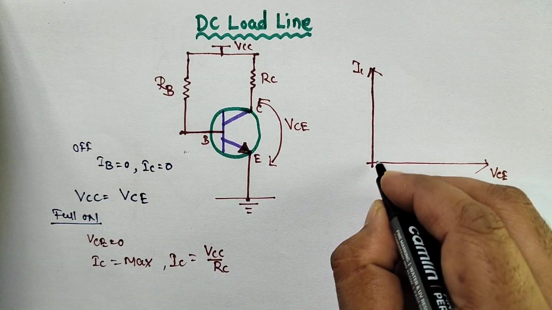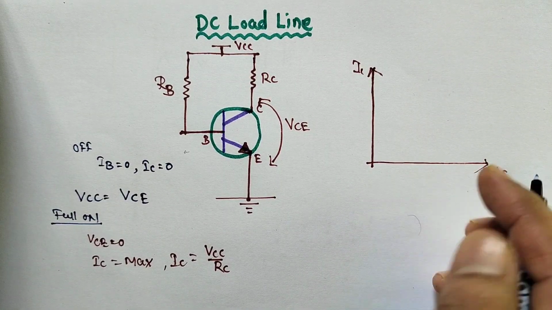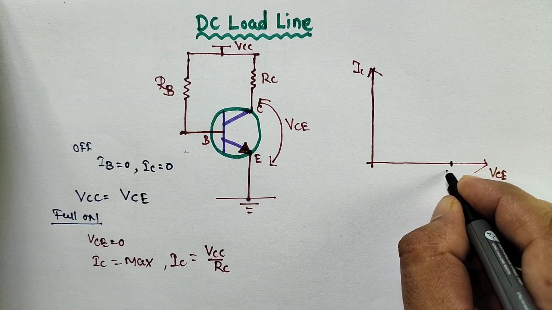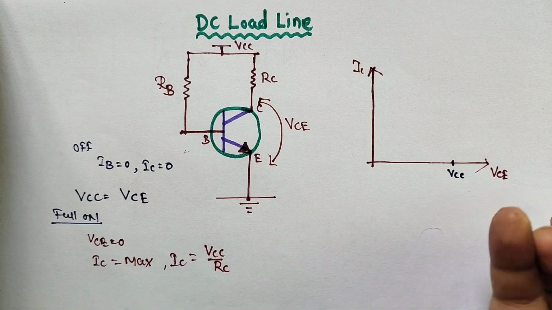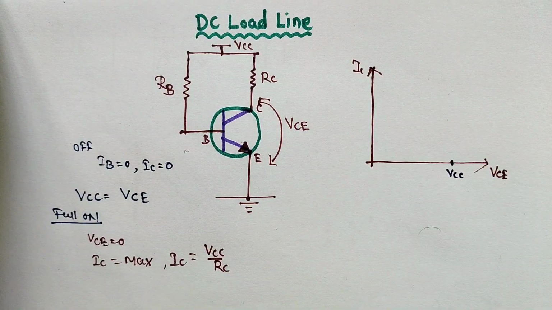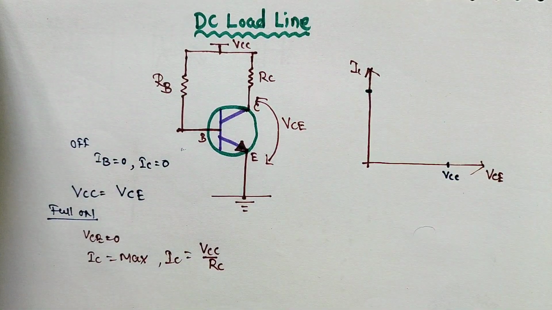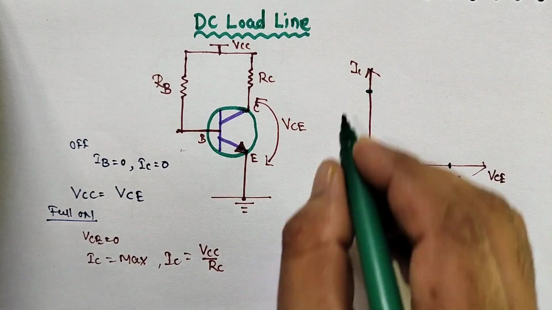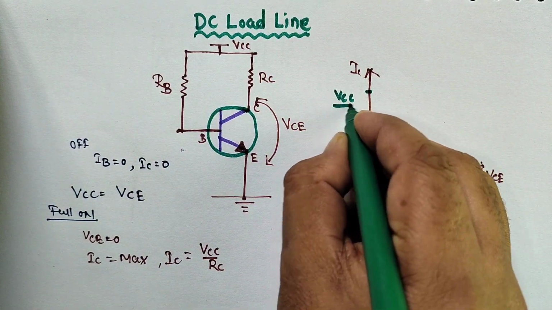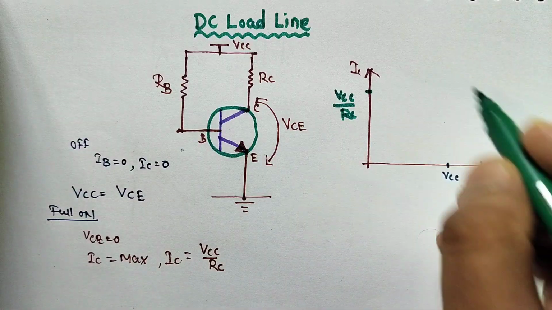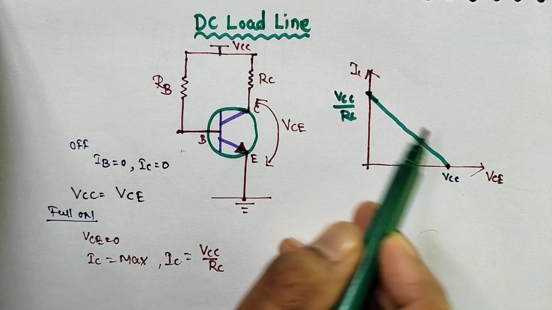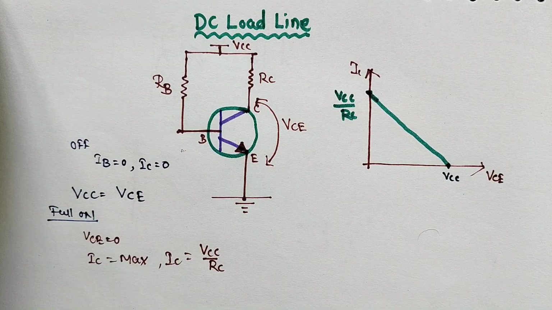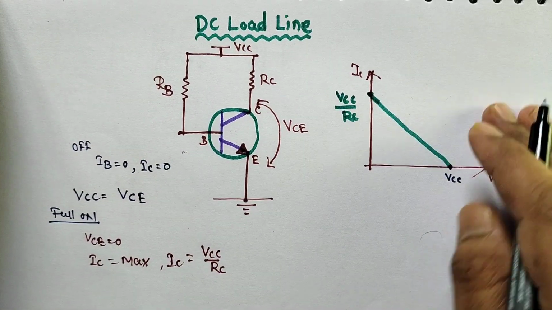From this curve we can take one point for the off condition, where IC equals 0 and VCE equals VCC. Another point is when VCE equals 0, where IC equals VCC divided by RC. When you join these two points, the line you get is called the DC load line.